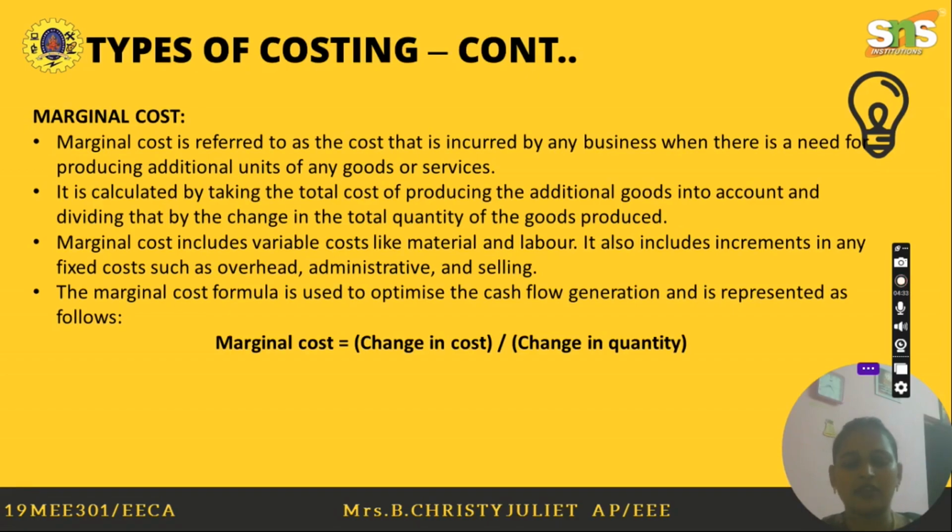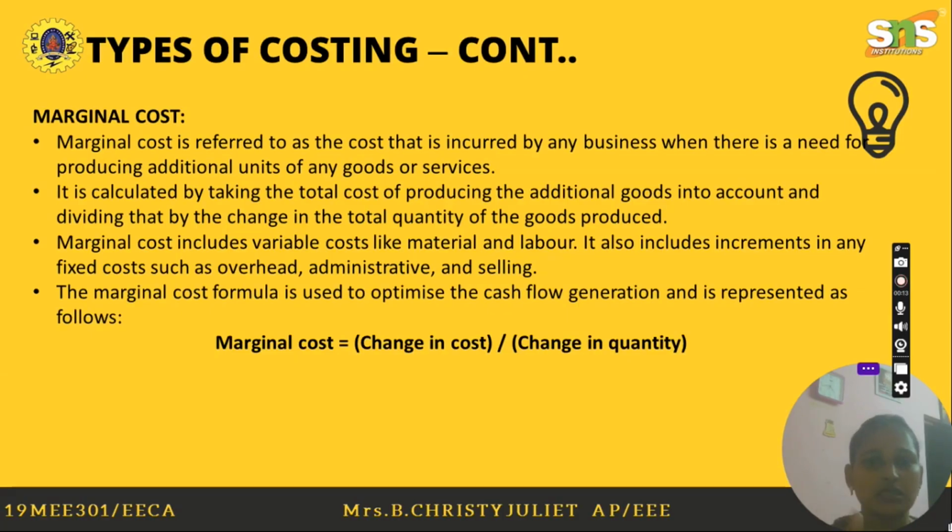For example, if the cost for producing 100 chocolates per day is maybe some 100 rupees, which means that the cost for producing a single chocolate is 1 rupee.